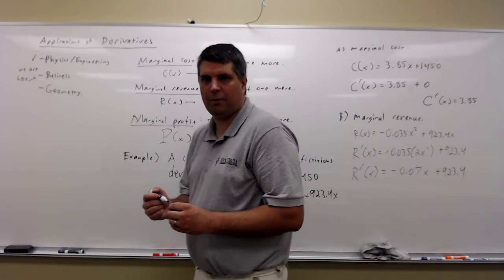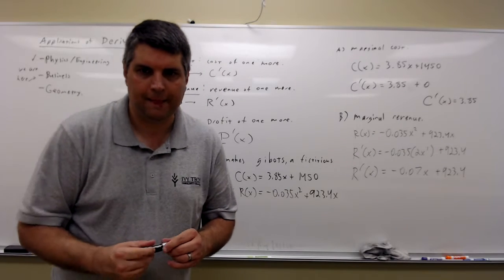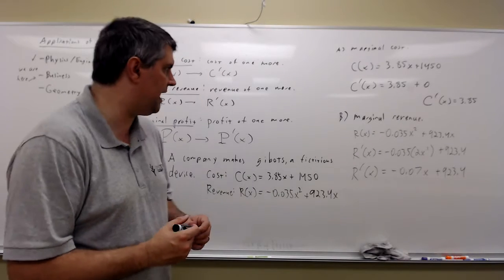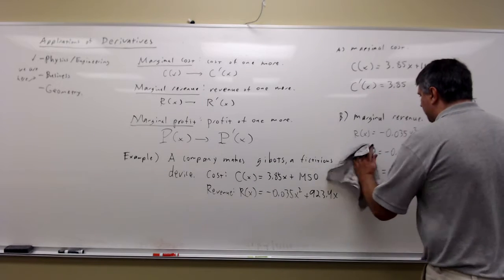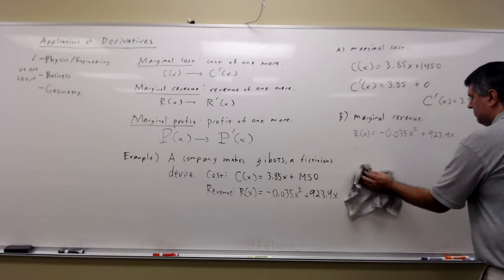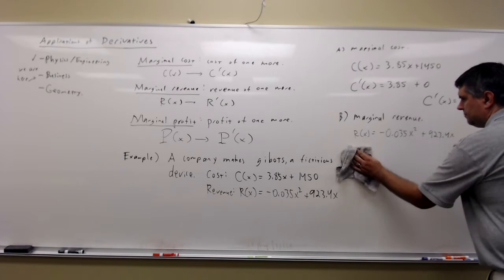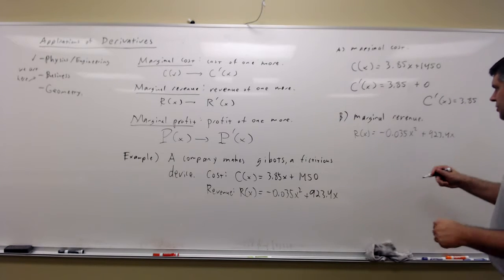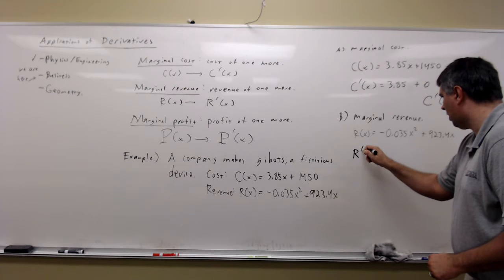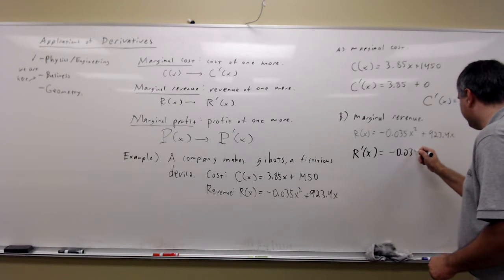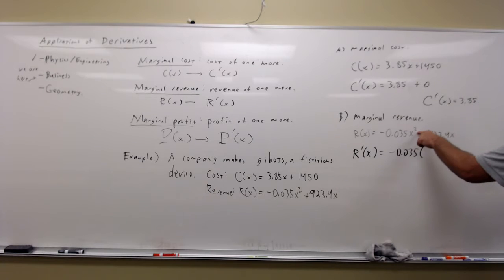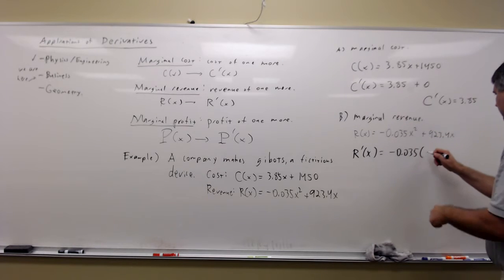All right, so I'm going to pause here and put two more examples on the board. I'm going to darken these up to do this again. So, the derivative R prime of X is negative 0.035, and the derivative of X squared would be 2X to the first.